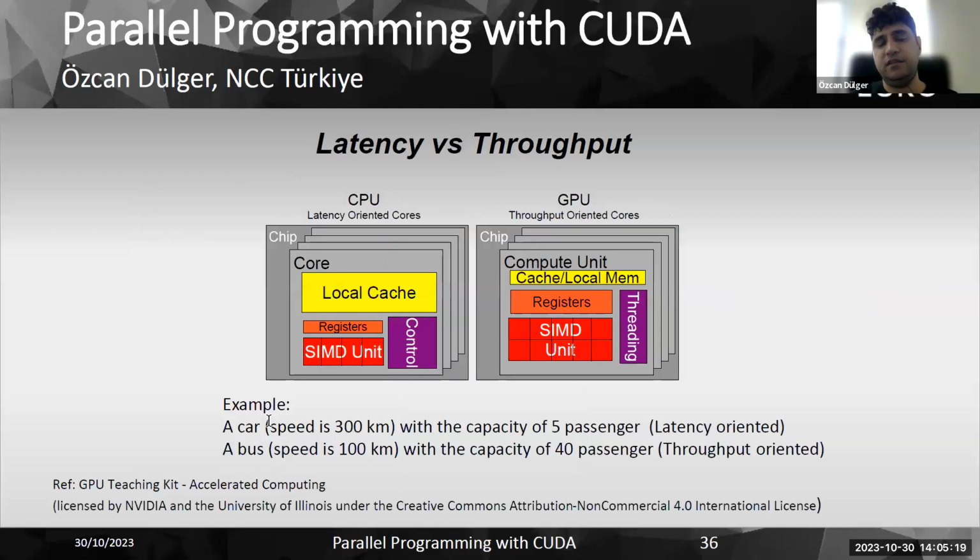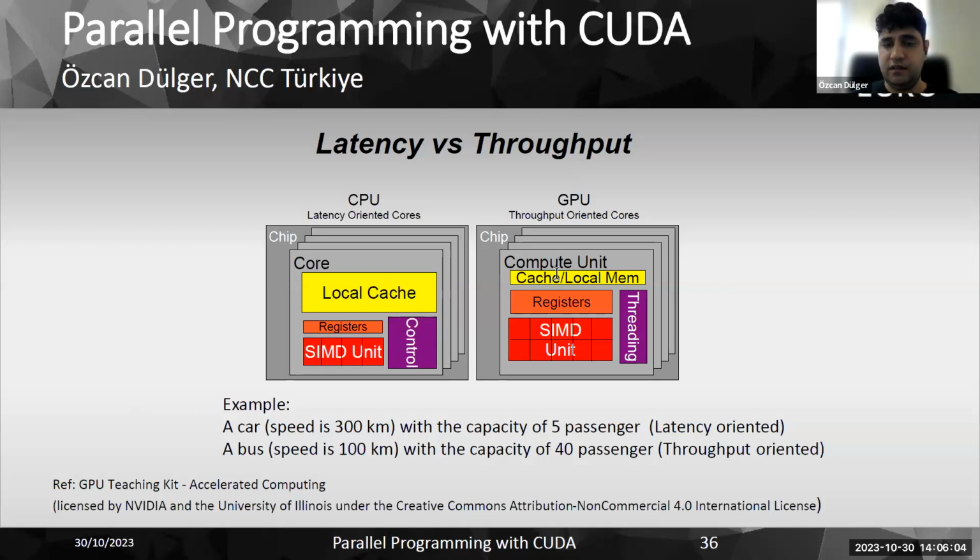And I will show you differences between GPU and CPU architectures. CPUs have latency-oriented cores. GPUs have throughput-oriented cores. In a CPU, there is a large local cache. This enables faster executions and faster memory loads for operations, and there's a sophisticated control unit, a small number of registers, and small single instruction multiple data units.